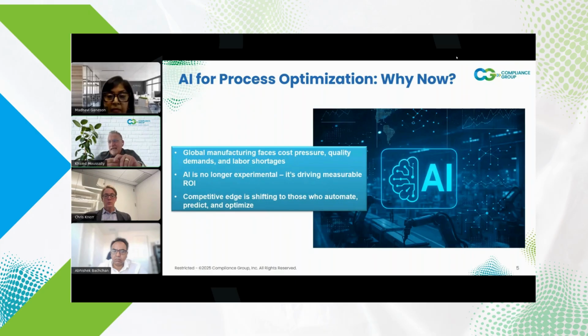Today, AI is not about robotics or automation. It's about making data work harder for us to predict issues before they actually occur, optimize production schedules, and even reduce waste. So again, companies that embrace this shift are seeing measurable impact in cost, speed, and quality.